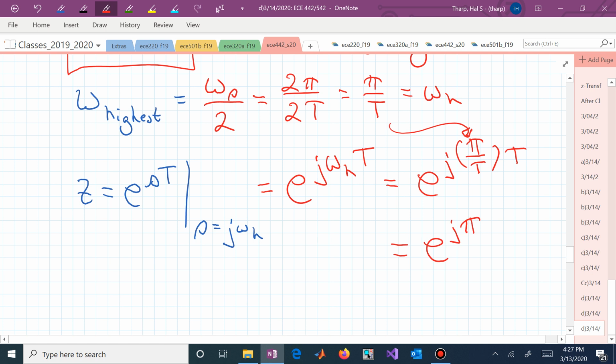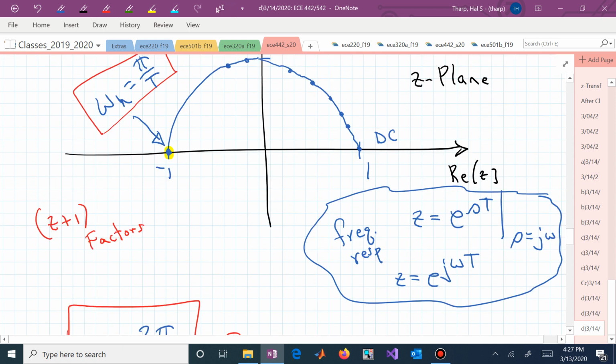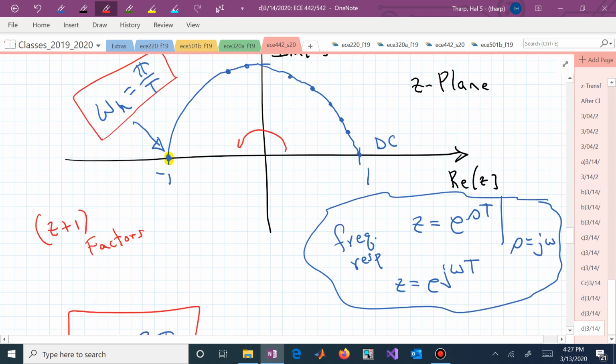And what is that? Well, that's cosine of pi plus j sine of pi. Sine of pi is 0. Cosine of pi is minus 1. This is now minus 1. Or e to the j at some angle, pi, well, pi is that angle.